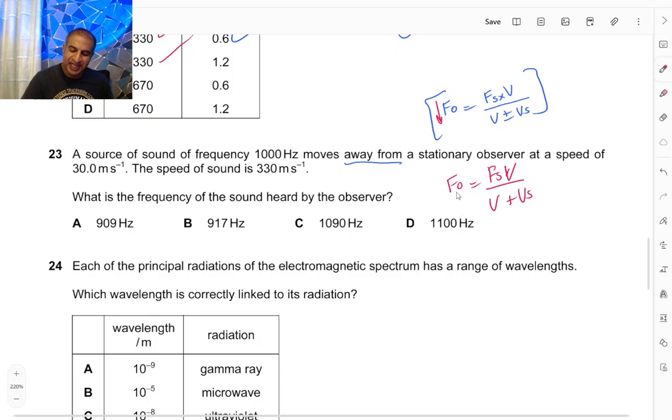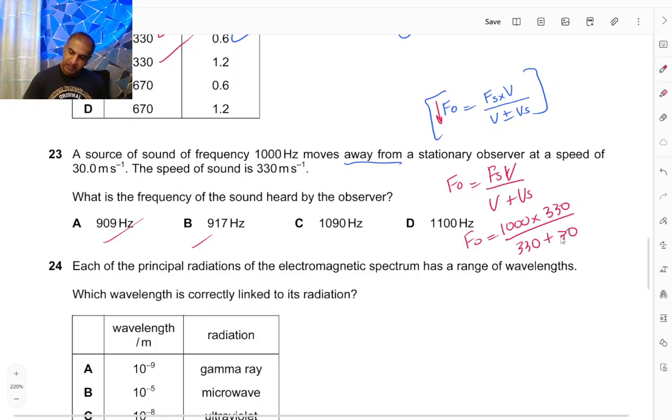And we just want this value to be less somehow or another. We have two values, so either this one or this one. Let's just find this one. The frequency of the source is actually 1000 hertz. This was the original frequency if it were stationary. The speed of sound is actually 330, and plus we have 30 over here.